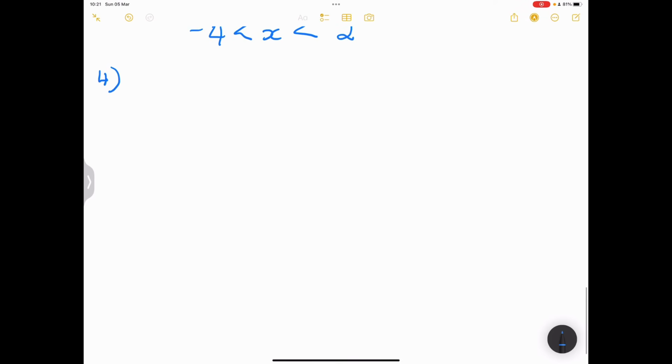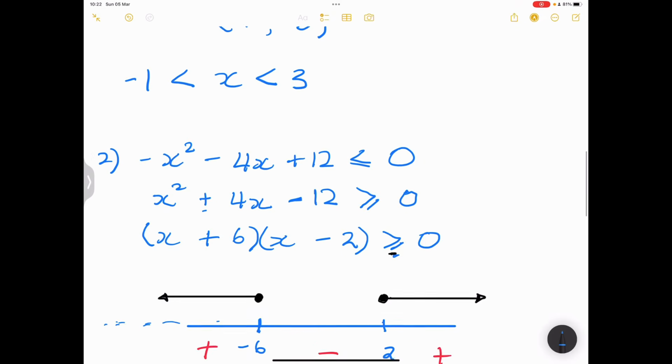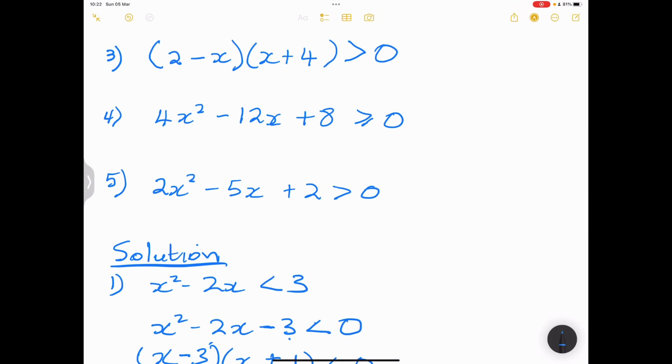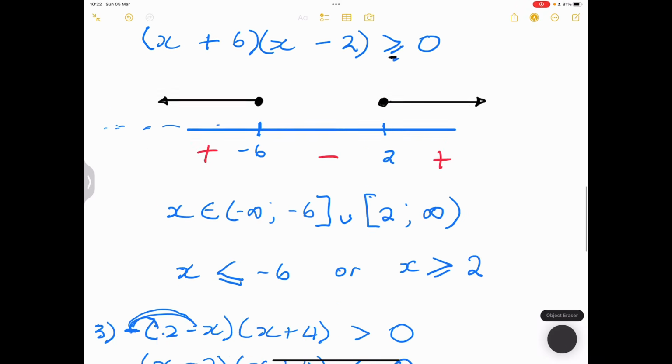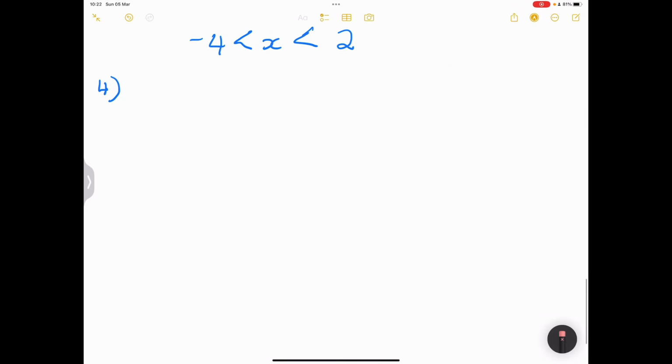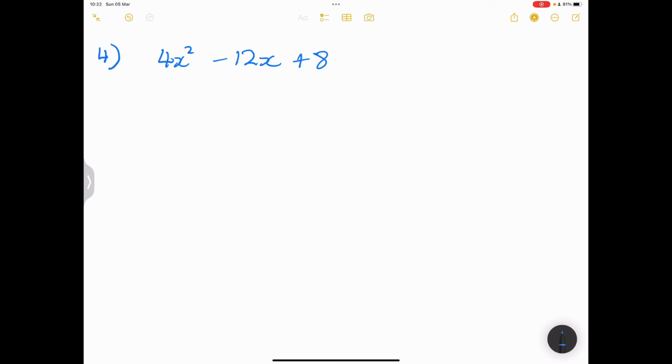So we're going to our fourth example. We've got 4x squared minus 12x plus 8, greater than or equal to 0.